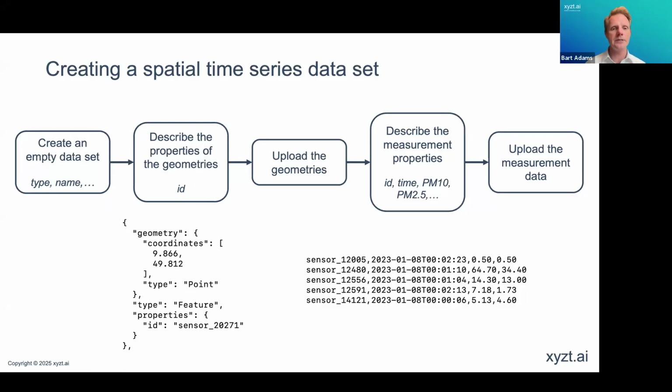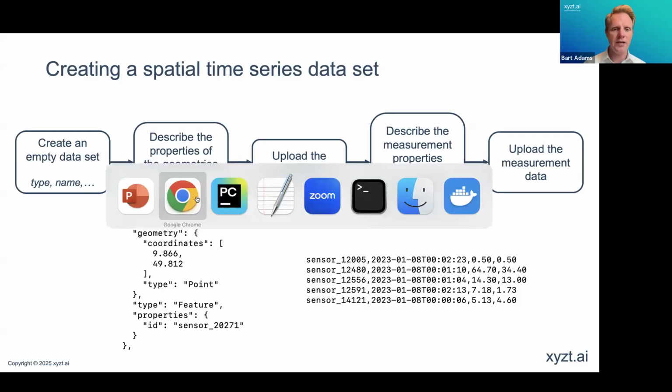In many examples, there are tens or even hundreds of properties with the geometries, and so people use configuration files for that. I'm not going to show you how to create those configuration files manually, but you can create them in the platform by doing the manual steps and then downloading the configuration file.